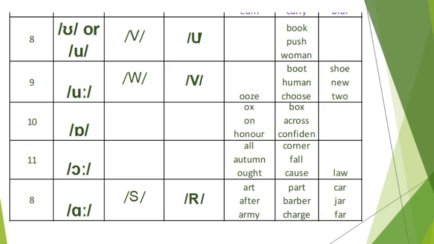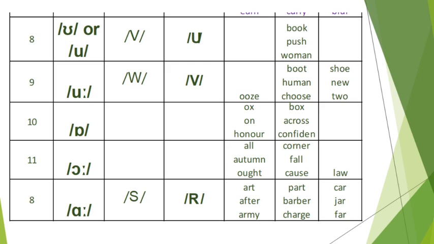Round your lips. Say ox. Not ox, it is ox. On, honor. Medially, box, across, confident. Finally it will not happen.